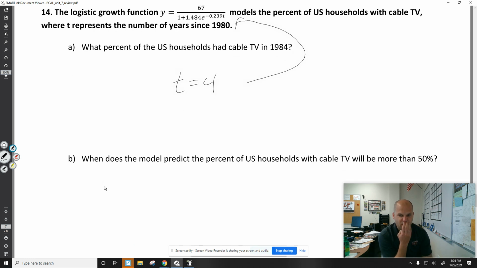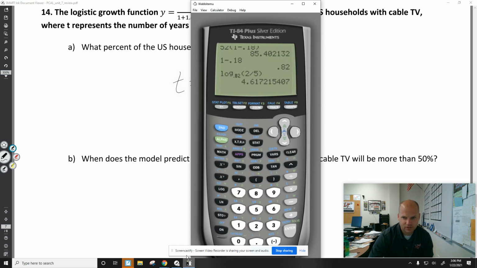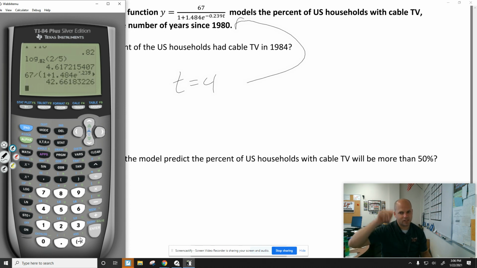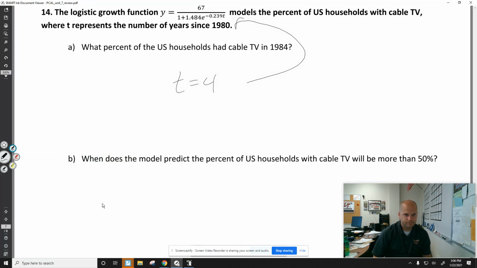I assume it's going to be 50 rather than 0.5, but let's plug in 4 just to see what we get. I think we're going to get 0.5. No, 42.66 is 42.66%. So we need to solve for 50.